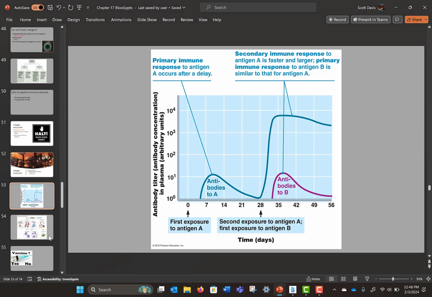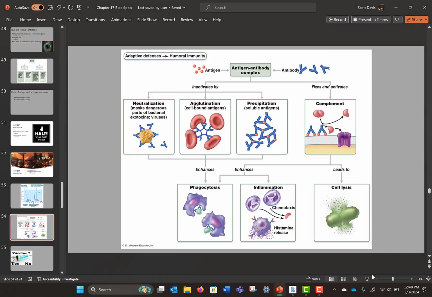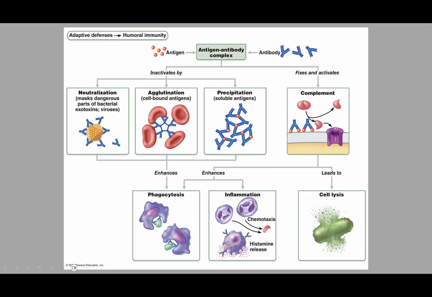But let's go back. Let's look to see, well, we have those antibodies. They're attaching to the bacteria or whatever foreign pathogen it happens to be. What then? Well, there's a few different things. One, there's something called neutralization.